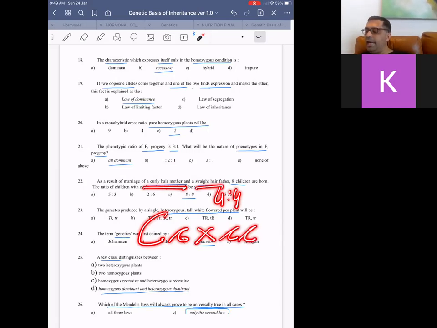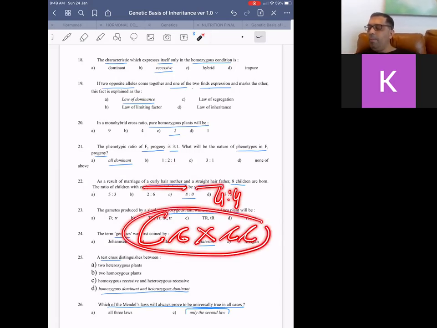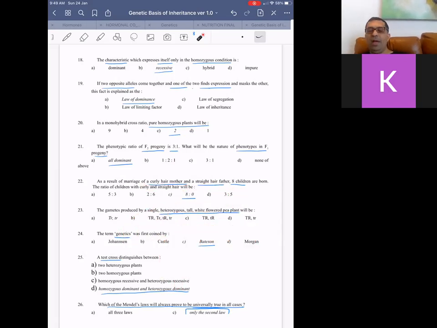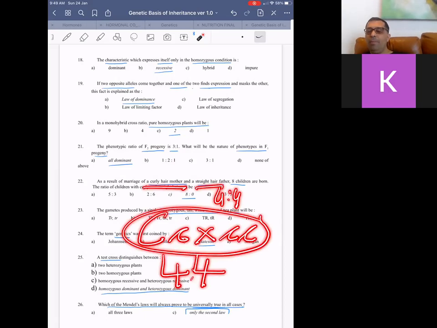So capital C small c crossed with small c small c is an example of a test cross, a monohybrid test cross. So what ratio will come? 1:1. In other words, out of 8 children, 4 will have curly hair and 4 will have straight hair. So that is heterozygous for curly hair.